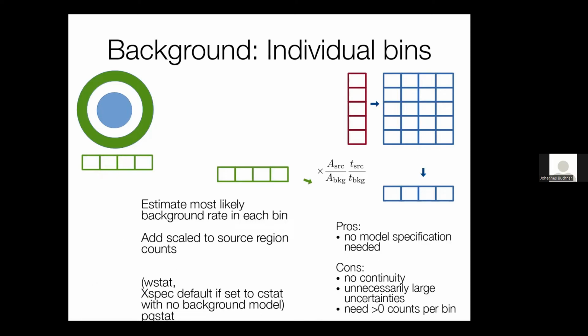Okay, then I want to come to what Xspec does by default, this W statistic. That actually happens if you set the statistic to CStat in Xspec. It actually uses W statistic. So it does what I'm going to describe now. You have a spectrum in the background. So you have these detector channels, and you obtain the number of counts. And what it does then, it tries to estimate the count rate in each of those bins by maximizing the Poisson likelihood.